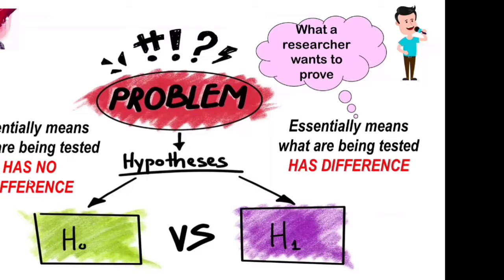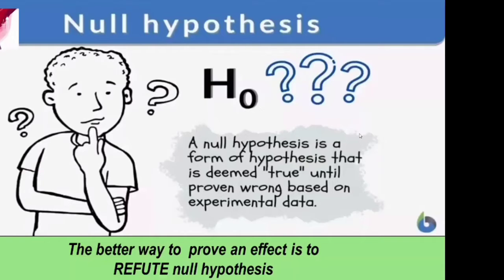Okay, so we are not going to prove the alternate hypothesis. We are going to reject the null hypothesis so that the alternate hypothesis will be automatically proved. So in general, a null hypothesis is deemed to be true. Whenever you are going to write a statement of null hypothesis, we have to think that null hypothesis is true, and we have to do an experiment.